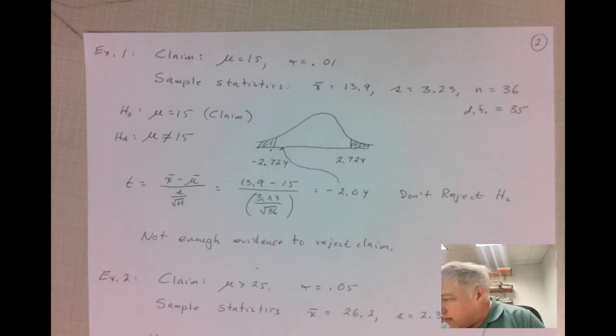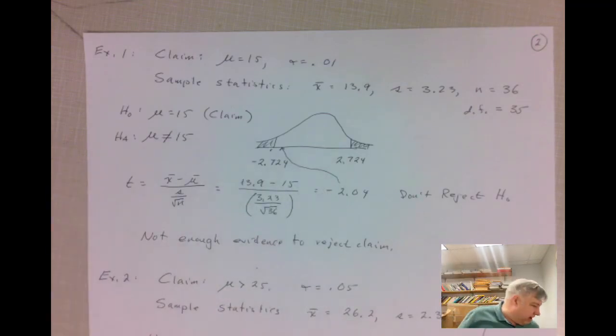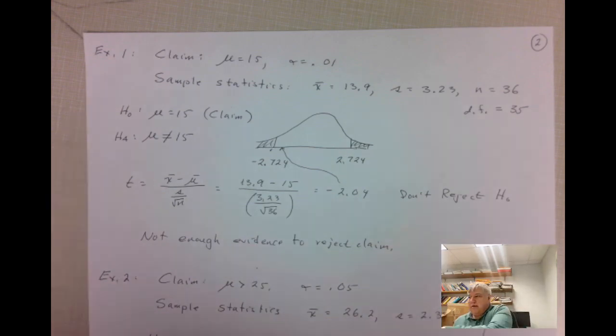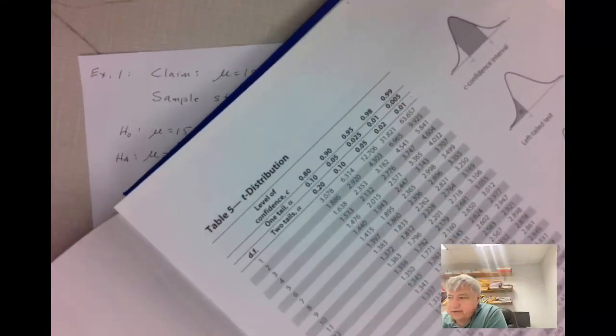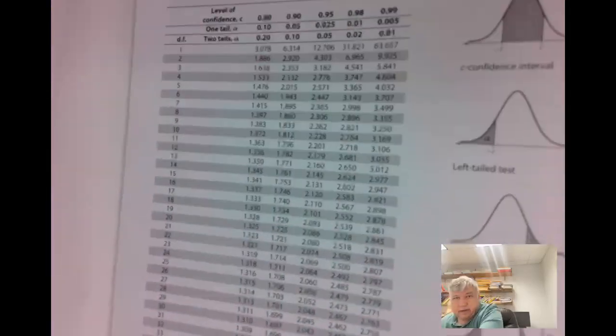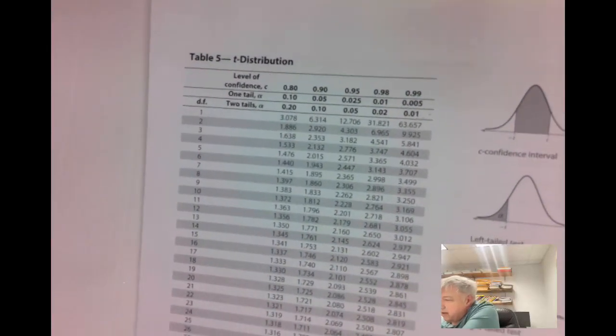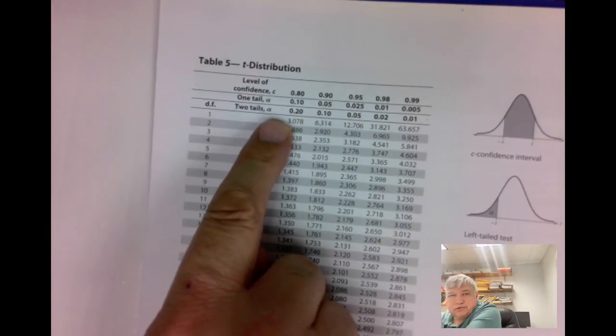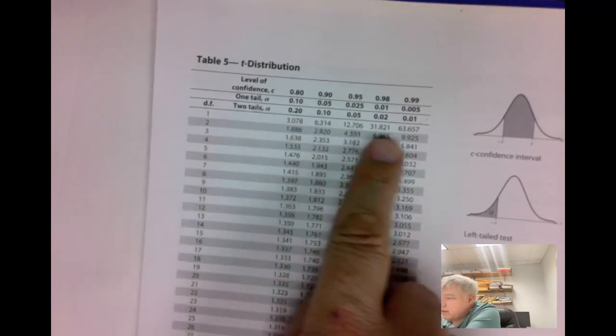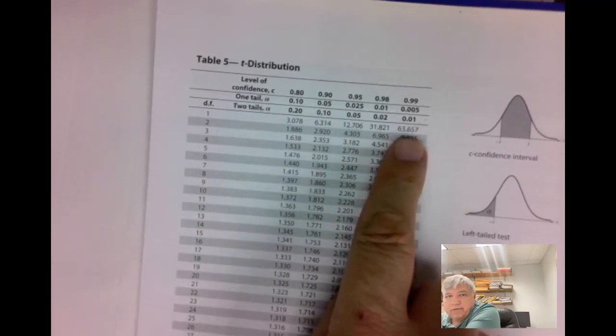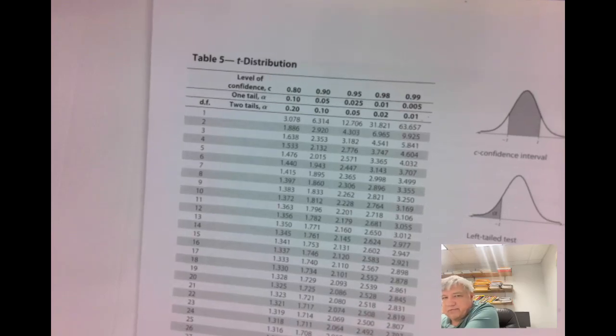And in this case, to find the critical value, we use the table. I can show you here. Here you can see that there's a special level for one tail or two tails, so you use two tails, and the alpha is 0.01, and then you go down to the right degrees of freedom.